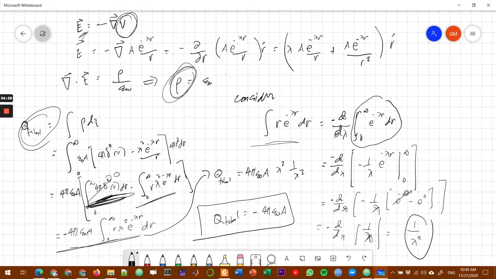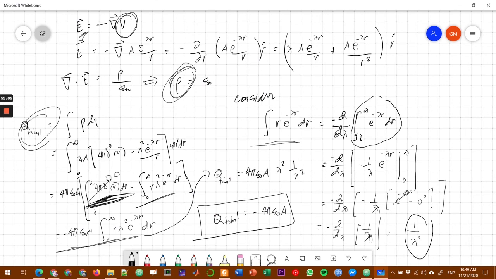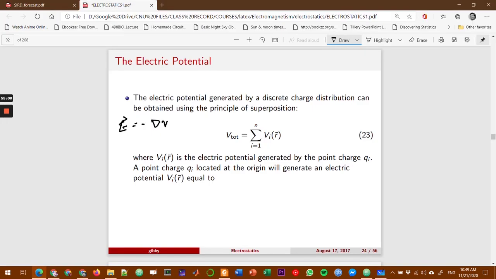The previous equation, right? Anyway, we have this formula. We can actually get the potential here using equation 23.